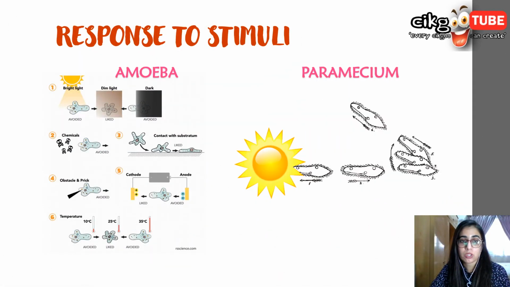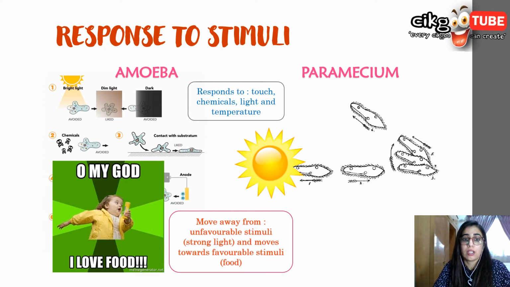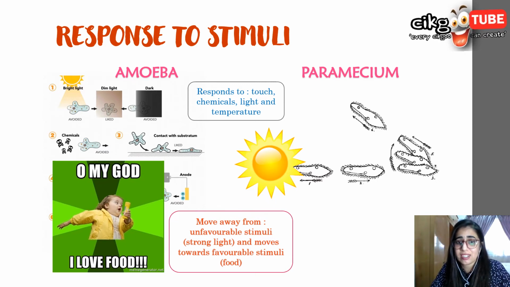Now, response towards stimuli. Amoeba and paramecium respond to all kinds of stimuli, for example touch, chemicals, light, and temperature. Usually they like touch, light, and temperature. But if there is unfavorable stimuli, such as very strong light, they just move away and go towards the favorable stimuli, for example food.